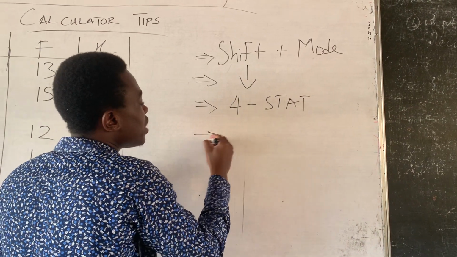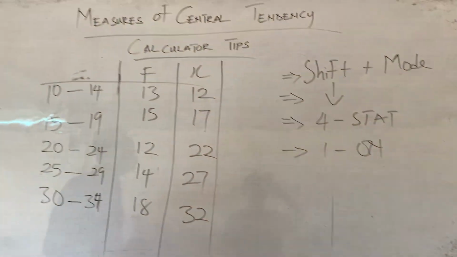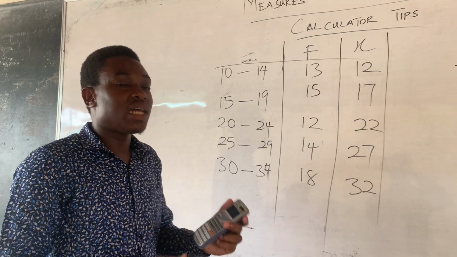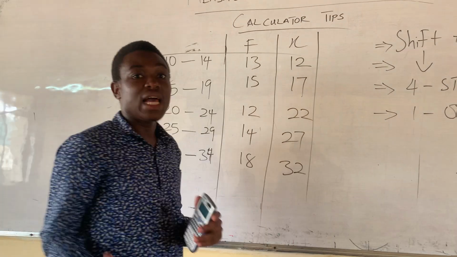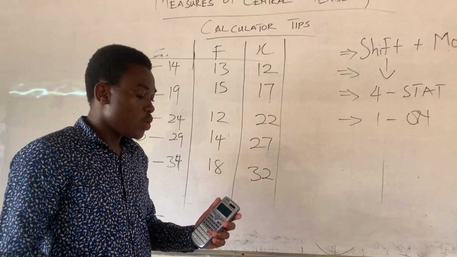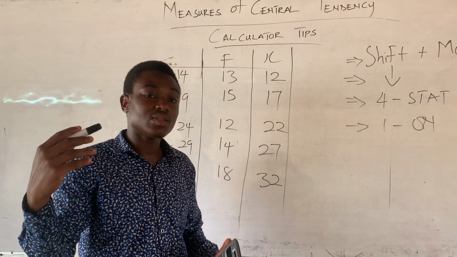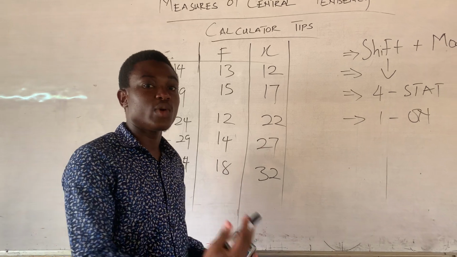Then from there we selected 1, which was on. So we did this to turn a frequency on. Now the essence of doing that is to create another column for frequency, unlike the first one that we did. So let's quickly repeat the process using the first method, and let's see if the columns will now be 2, including a frequency.